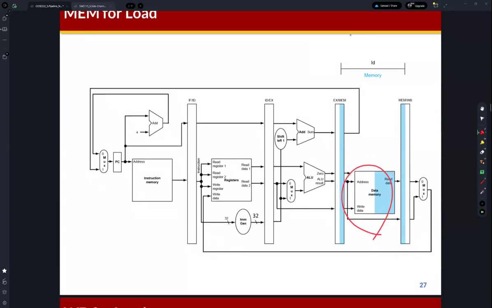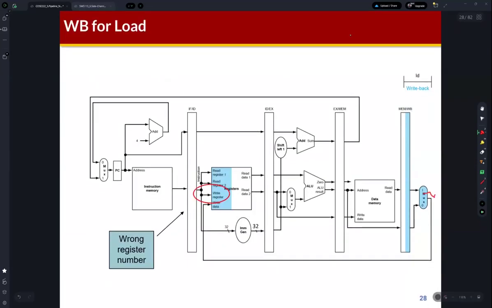And then the result will be written back to the register file. But actually, you need to consider the timing. So what's the problem?